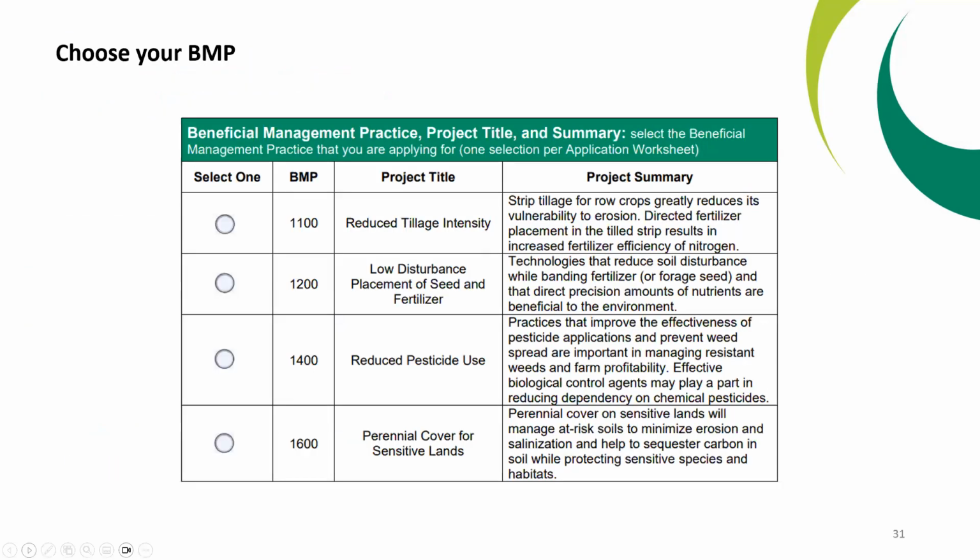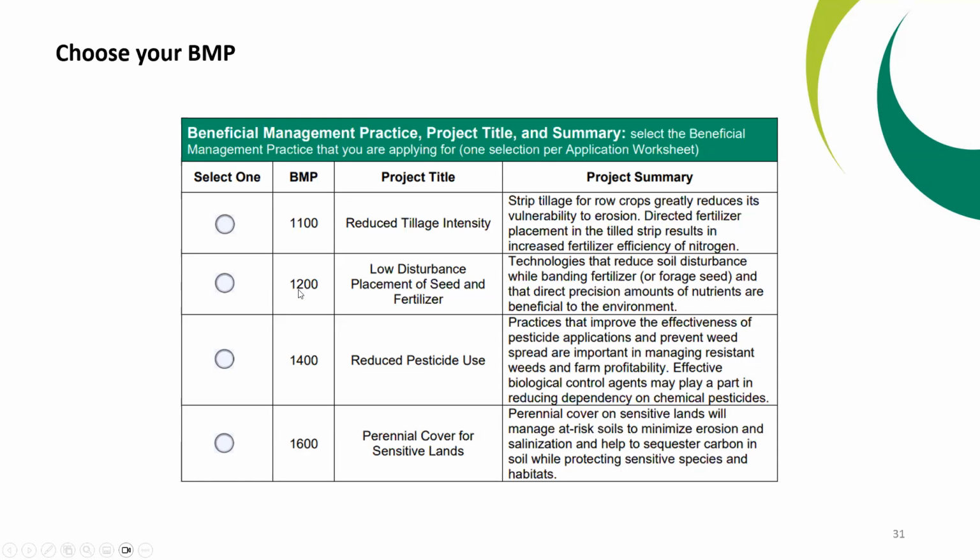The next part of the application has changed for this year as opposed to last year. You will choose one of the BMPs under cropland management, so one of these 4. All you have to do is click the little circle, and that indicates you've chosen that particular BMP.